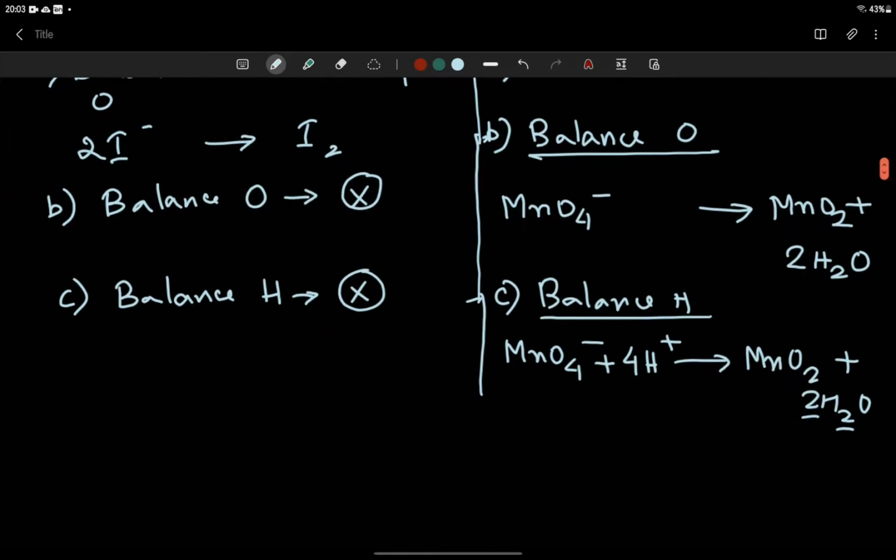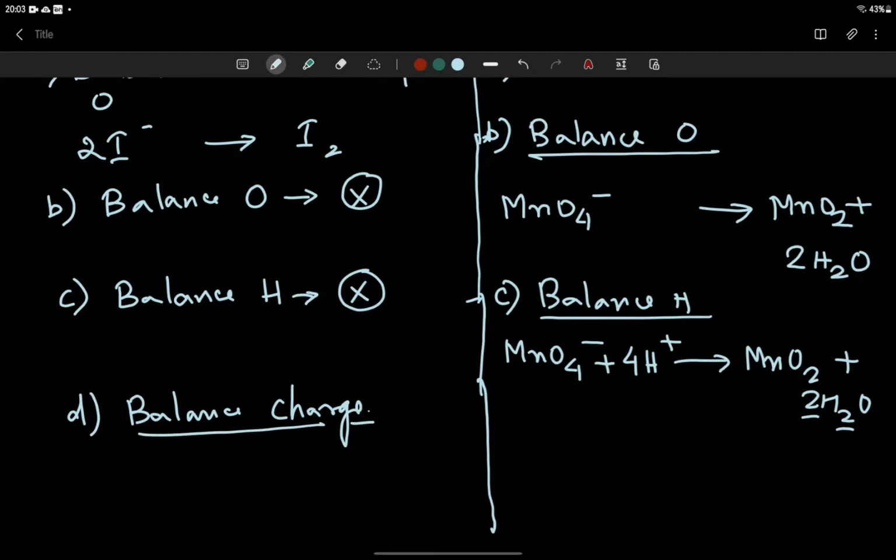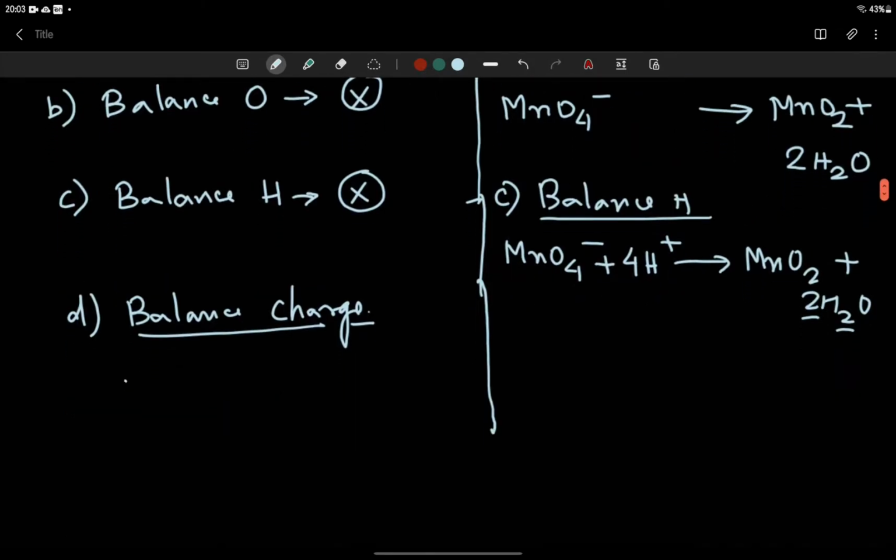After this, the next very important step is to balance the charge. For balancing the charge, you have to see the number of negative charges present on both sides. If it is unbalanced, then you have to add electrons.